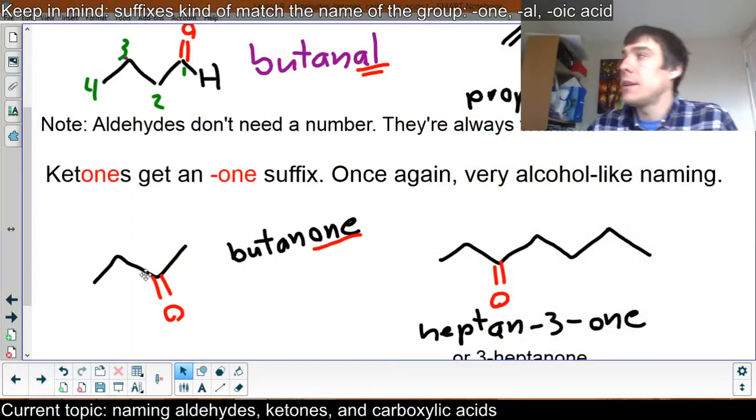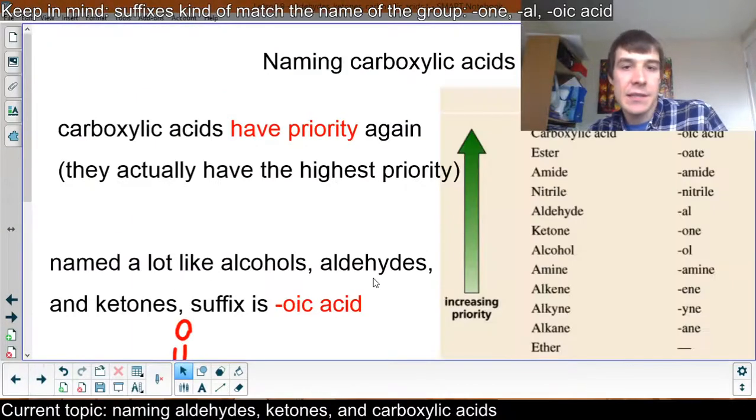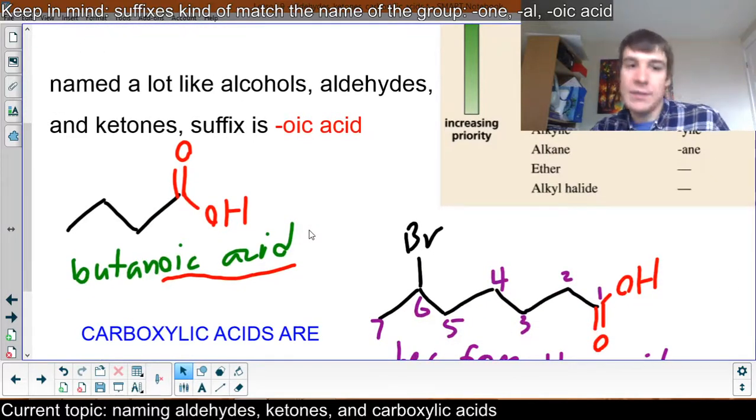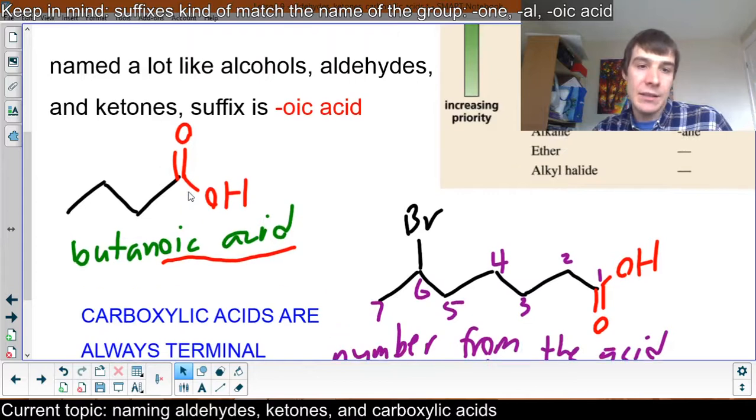And then the carboxylic acids. Carboxylic acids also have a suffix: oic acid. So if you have butane, which is four carbons with single bonds, and it's a carboxyl group, you get butanoic acid.